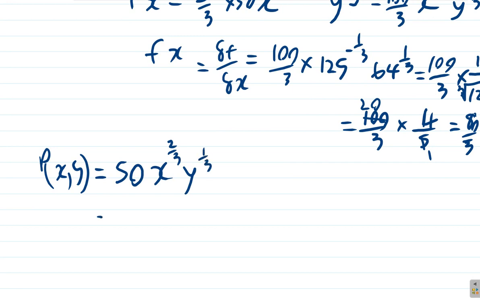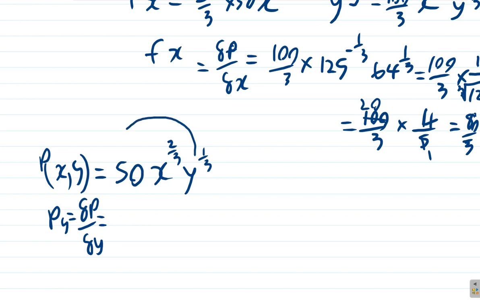So in this case, P sub y is the same as del P by del y. Oh, and the first one was del P by del x. Del P by del y: we're treating y as the variable and x as a constant.